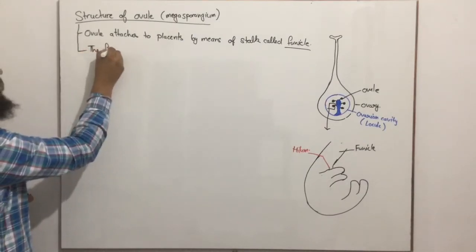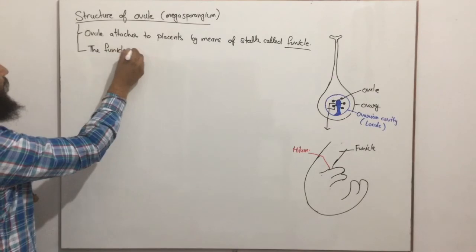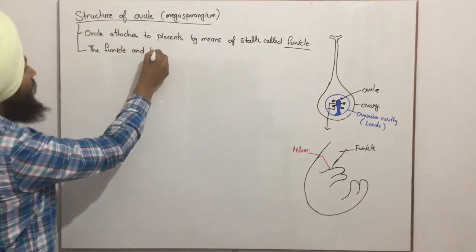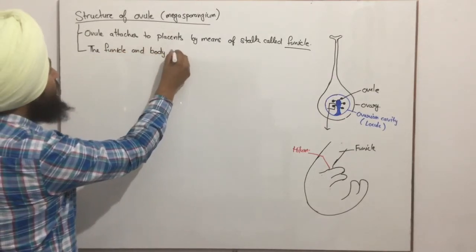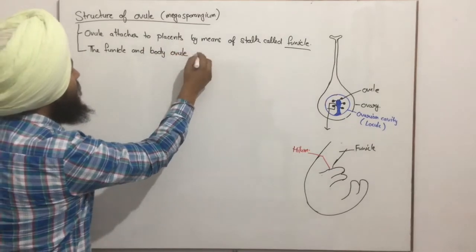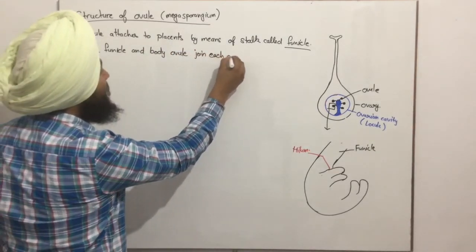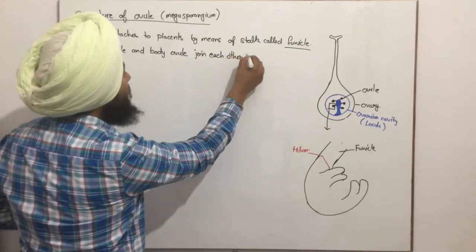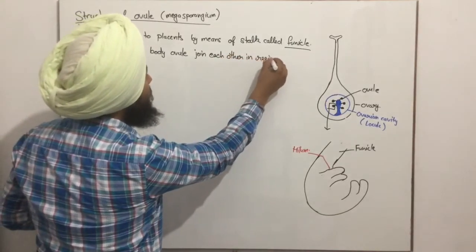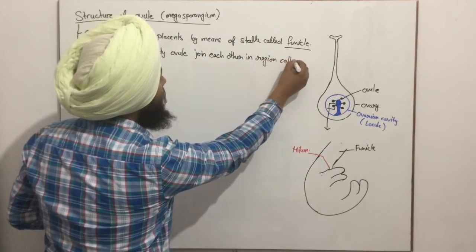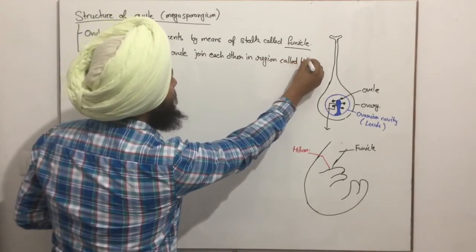The funicle and the body of the ovule join each other in the region called the hilum.